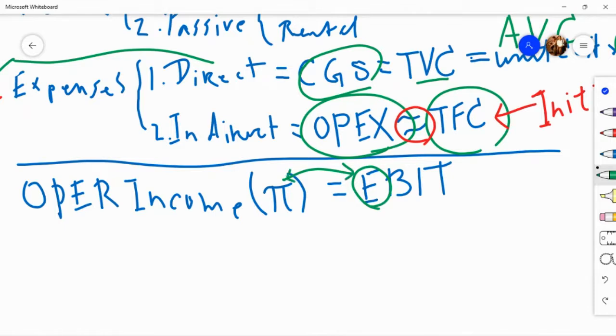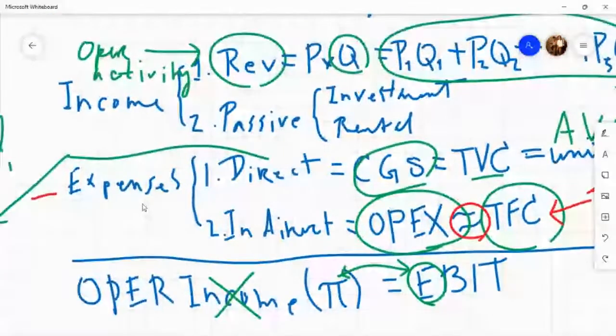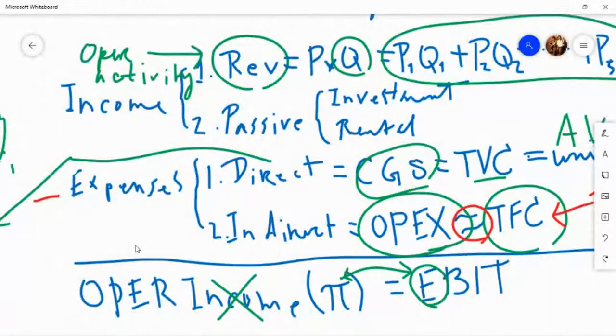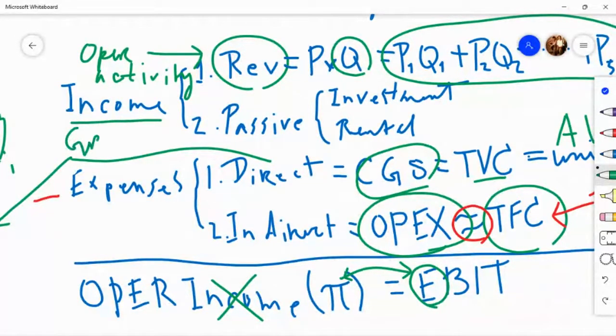And I've been telling you I don't like to use the term income here. Although it's totally accepted in accounting, I don't like to repeat the term income here, because we have income here too, and this is gross income.